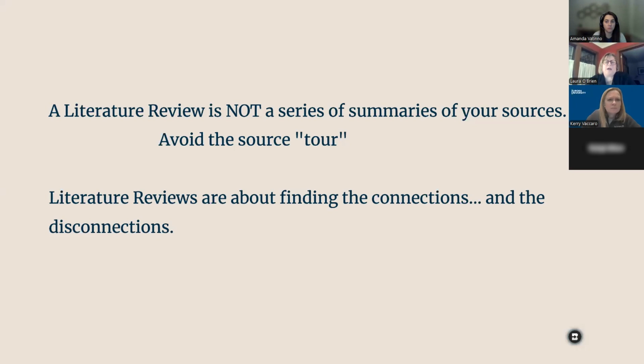All right, so again, the lit review is not a series of summaries of your sources. I call this the source tour or the source parade. So you want to be sure that you're not just saying, okay, source A says this, but source B says this, and source C says this. You want to really pull the details and look to see, again, how they speak to each other.